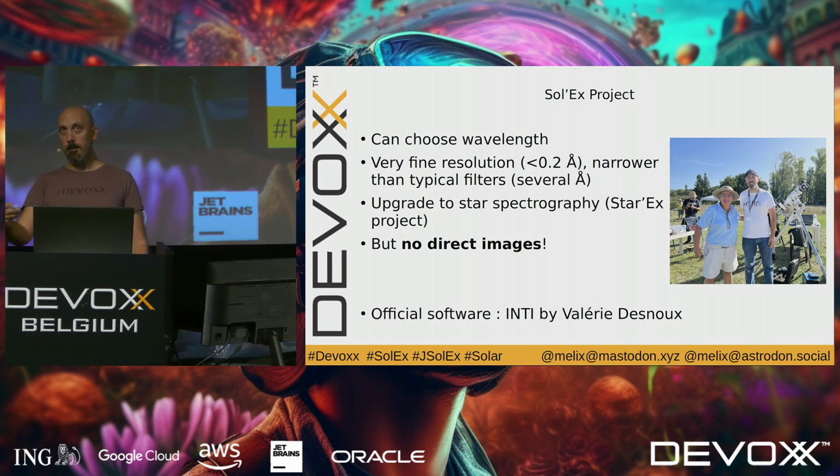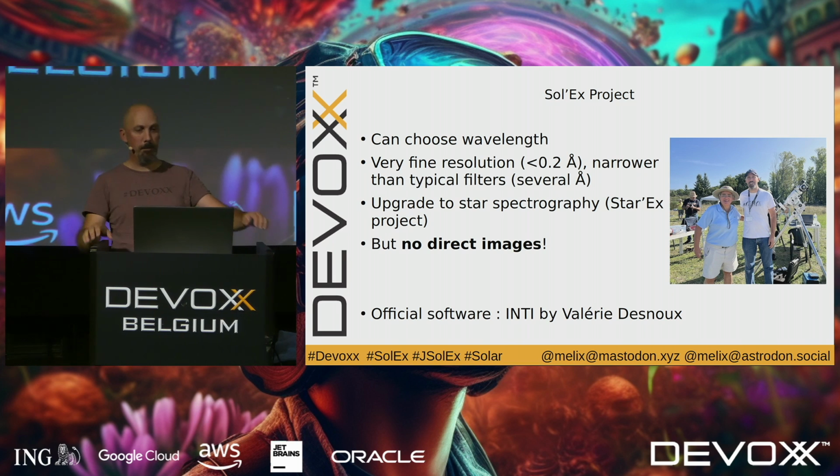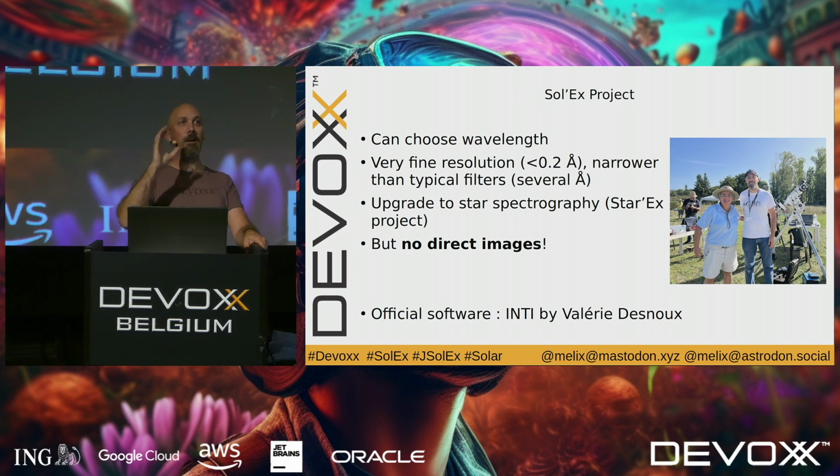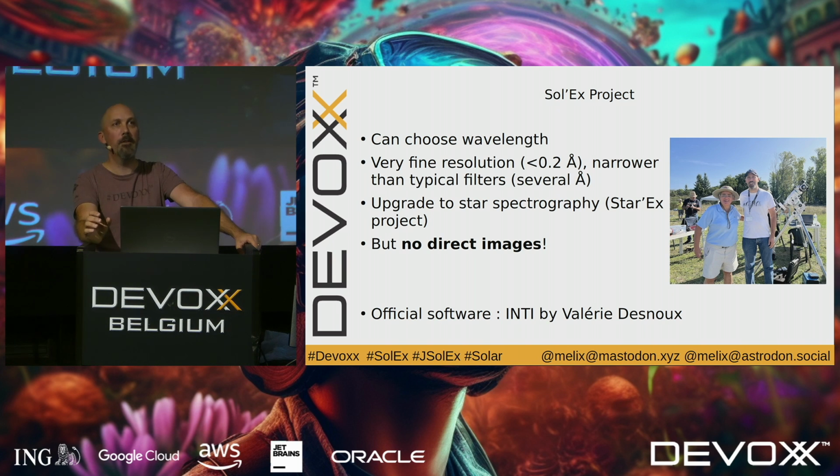So if you're familiar with astronomy, and of course, apparently not so many people are aware of that, if you actually buy some filters, like let's say you want to do H alpha, you would buy a filter. That filter can cost you from 1,000 to 10,000 euros, right? Just one filter for one wavelength. And the resolution you can reach is not that narrow.